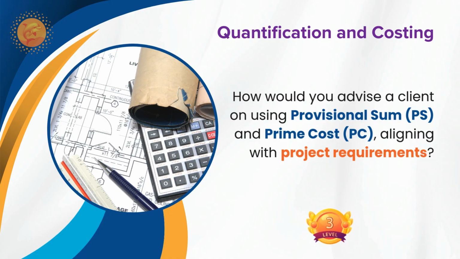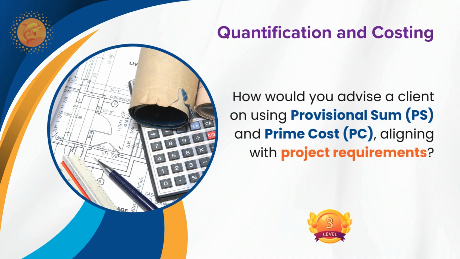Okay, I will advise my client regarding provisional sum. If the design for part of the scope of work is not completed, so we don't know what that component of the scope is, then we can allocate some amount as a provisional sum in the budget.